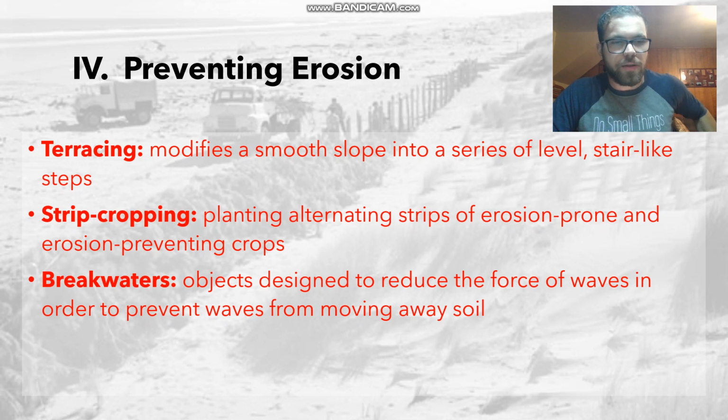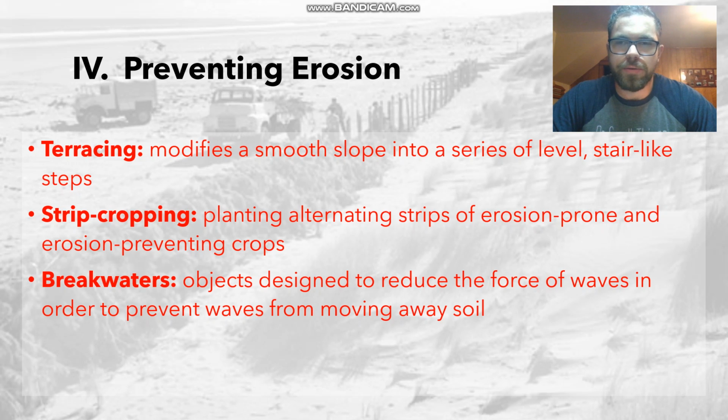And finally, breakwaters is a way we can prevent erosion in rivers and on seashores and stuff like that. It's an object designed to reduce the force of waves in order to prevent waves from moving away soil. Or you could call it windbreaks as well.